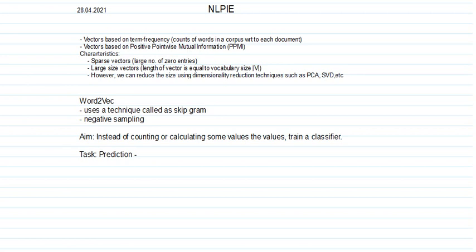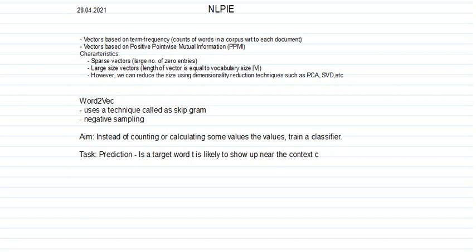Specifically, is a target word T likely to show up near the context C?